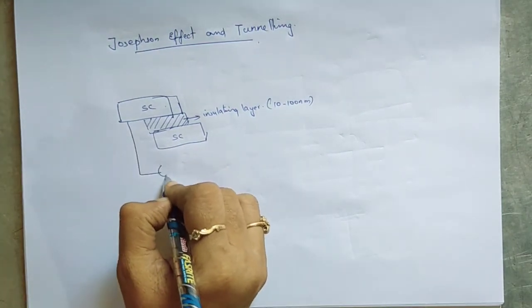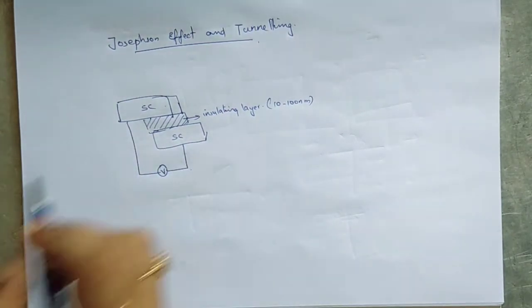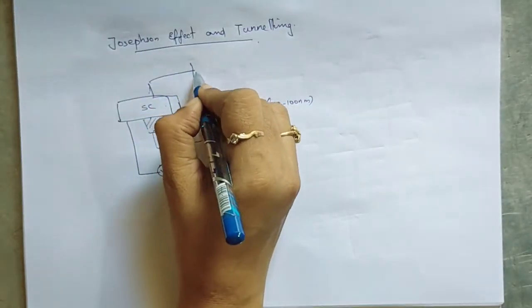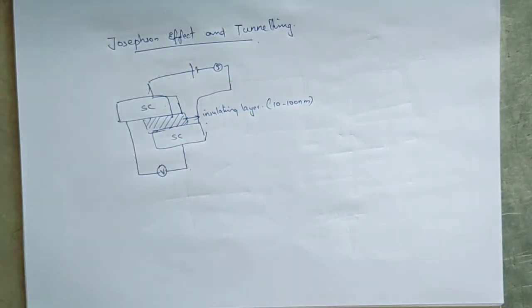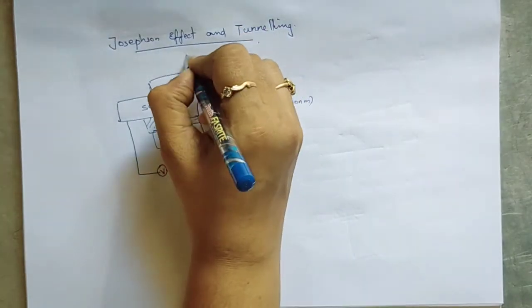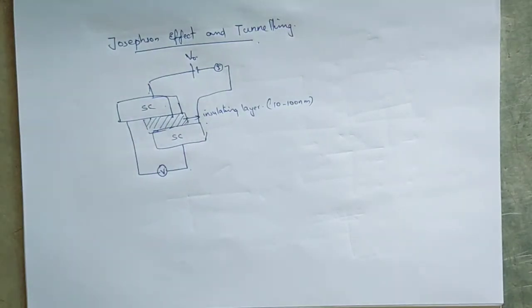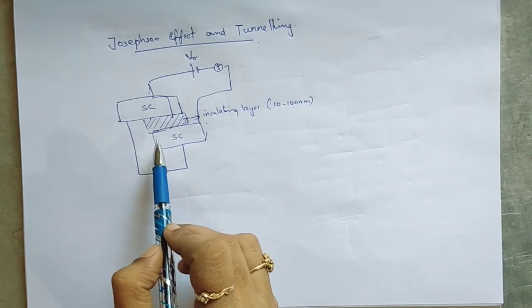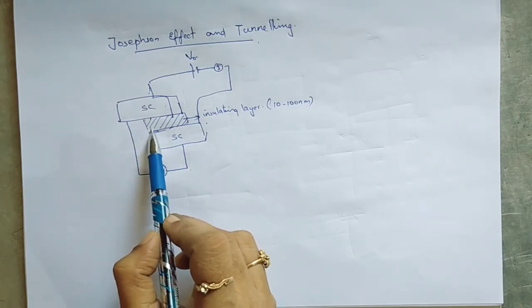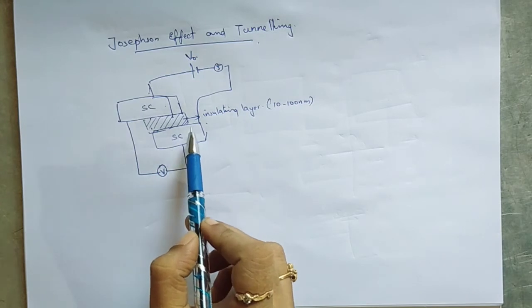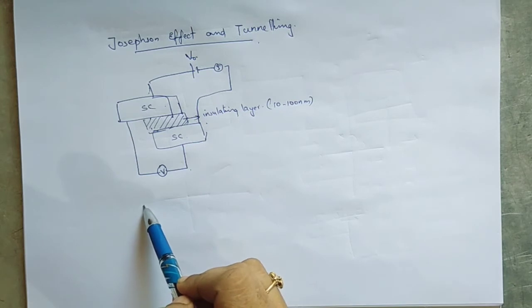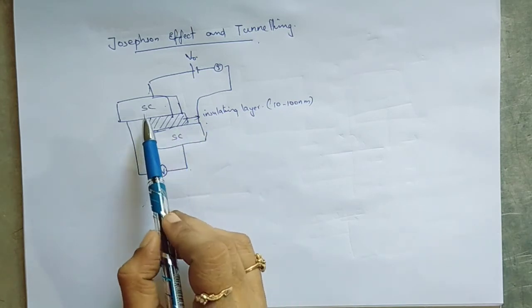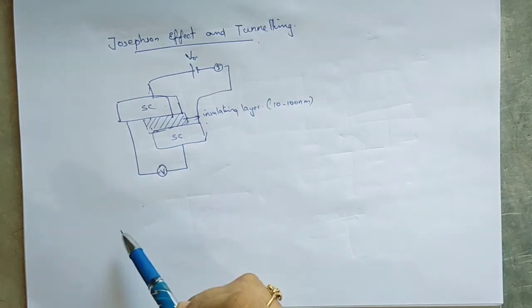Here we can measure the voltage, and here we apply the voltage V0. So note that there is an insulating layer whose thickness is of the order of the superconducting coherence length, sandwiched between two superconductors.